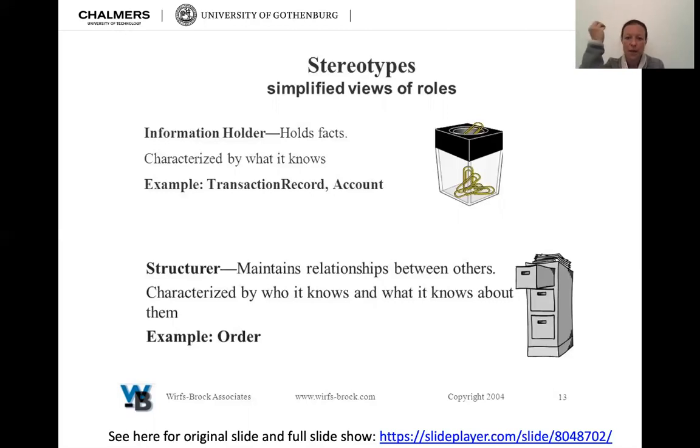It holds facts. It is characterized by what it knows. And examples for that could be transaction records or kinds of accounts. And then there is structurer. It maintains relationships between others. It is characterized by who it knows and what it knows about them. For example, an order.